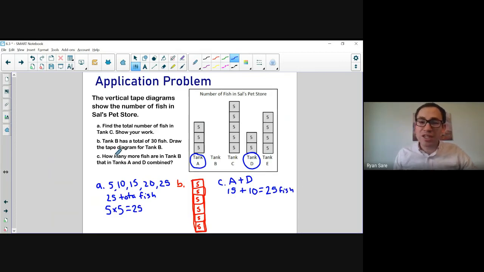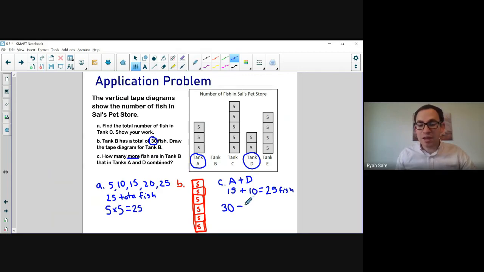But that's not where the question ends, because it asks how many more are in tank B than in A and D combined. And so we know from the problem that there's 30 fish in tank B. So when we're trying to find the difference between two numbers, we're going to take the bigger number and subtract the smaller number. And we know that B is bigger because it told us and asked us how many more.